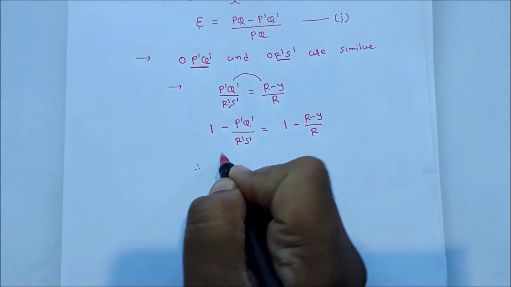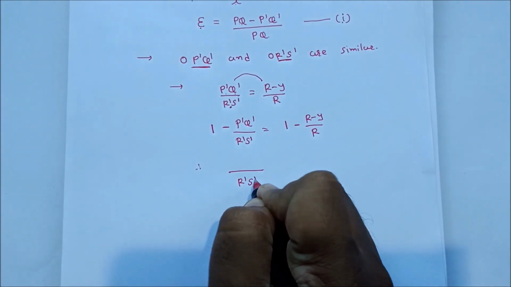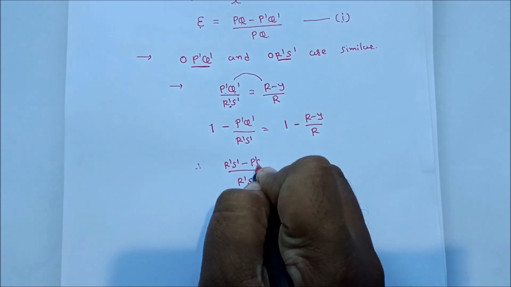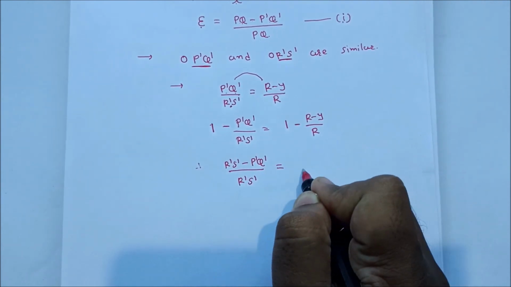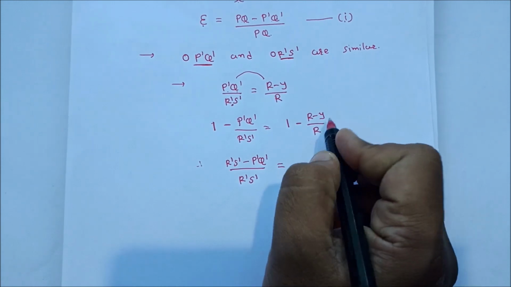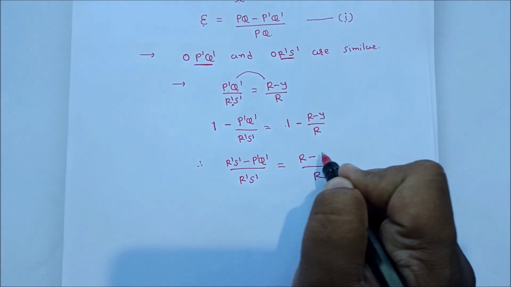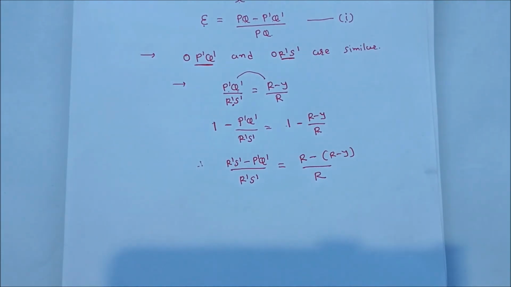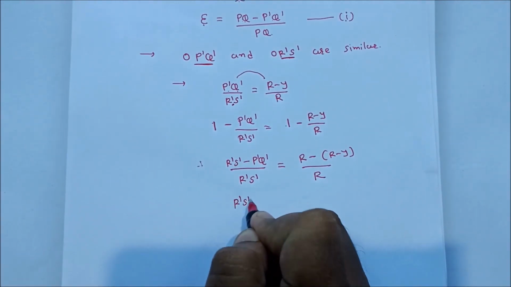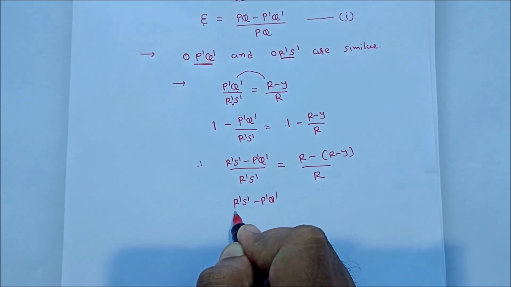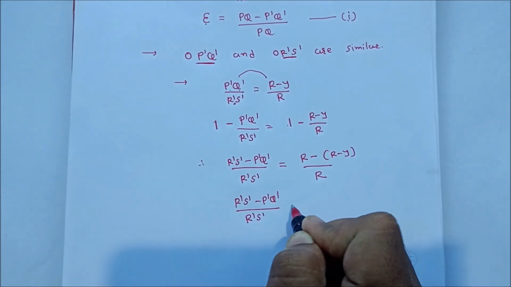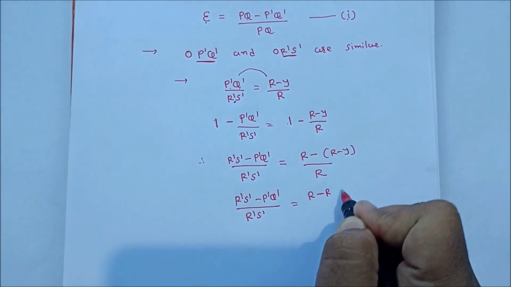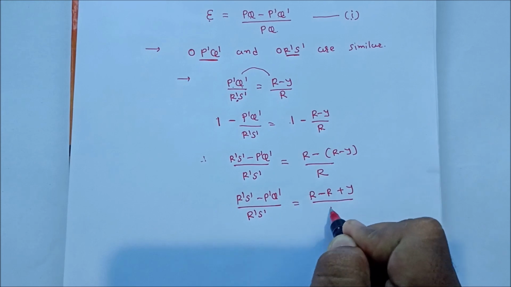So here R dash S dash minus P dash Q dash is equal to, here R is the LCM, capital R minus R plus Y. So R dash S dash minus P dash Q dash divided by R dash S dash is equal to R minus R plus Y divided by R.